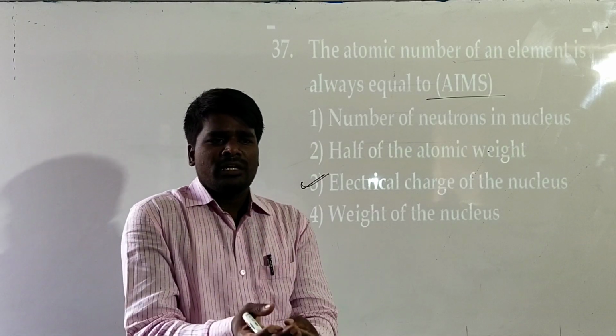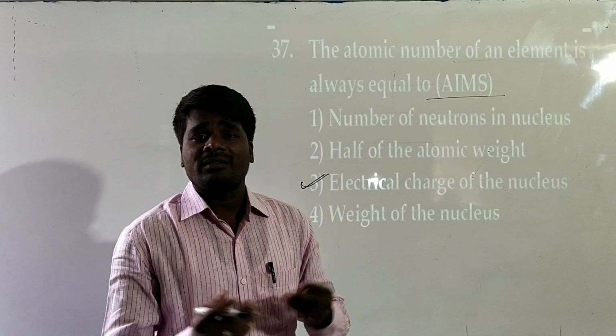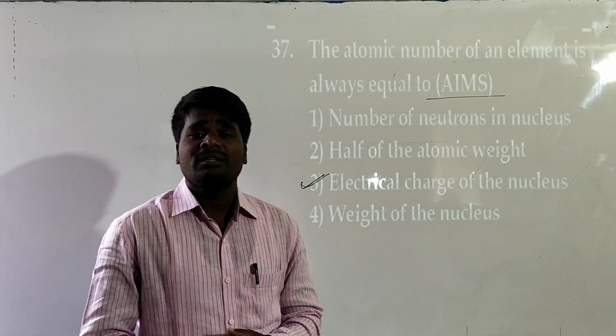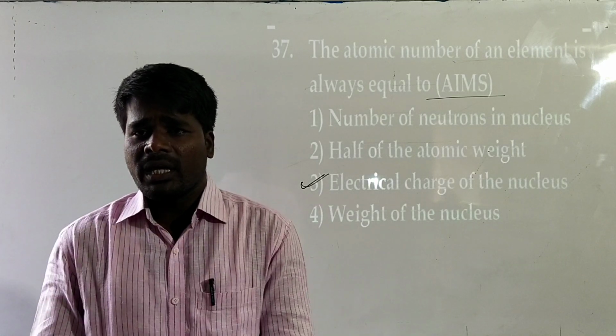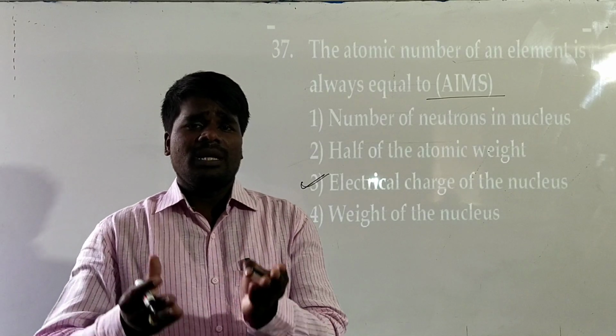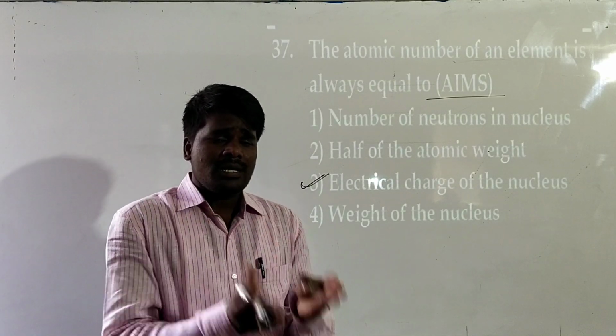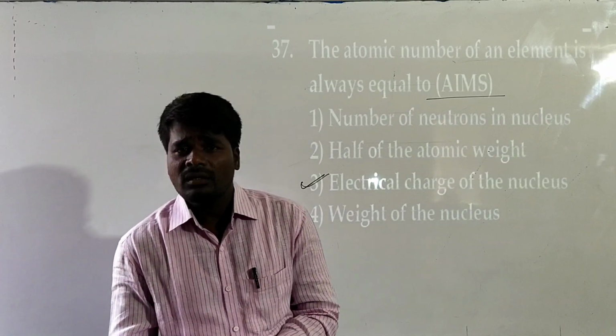Why do we take the number of protons as atomic number? Why not the number of electrons? In a neutral atom, we know that the number of protons and the number of electrons are equal. In such cases, instead of taking the number of electrons as atomic number, we are taking the number of protons. Why?